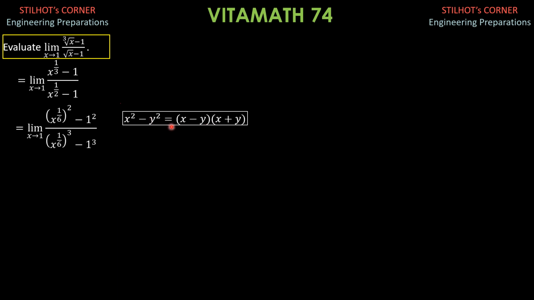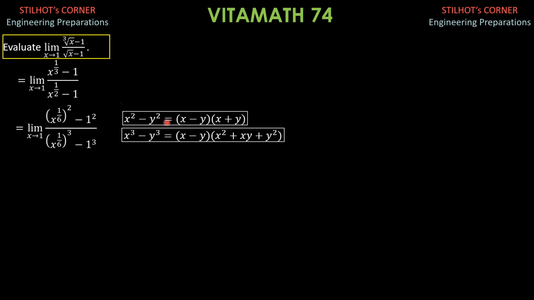And factoring the difference of two cubes: x cubed minus y cubed is equal to x minus y times the quantity x squared plus xy plus y squared. So imagine that here x is x to the 1/6 and y is 1, and in this factoring guide, x is x to the 1/6 and y is also 1.